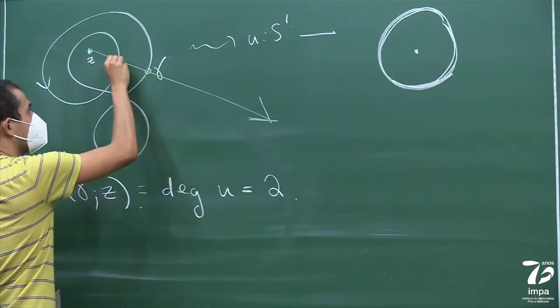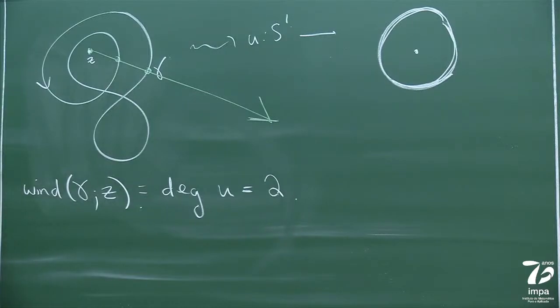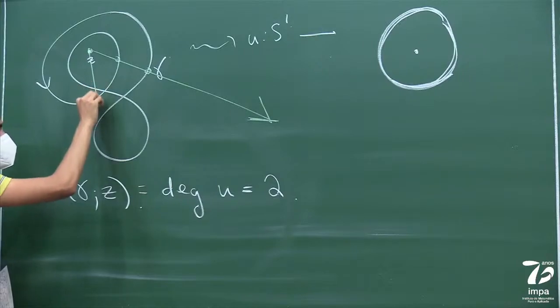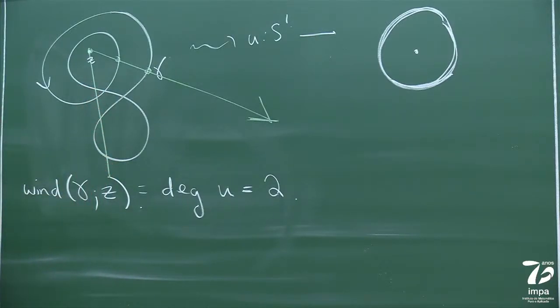And here you have 2 times. But actually, it doesn't matter which line you take. Because if you take this other line here, it intersects several times, 1, 2, 3, 4 times. But you have to look at the sign of the intersection. So you have to count the intersections with signs, and it has to be the same thing.